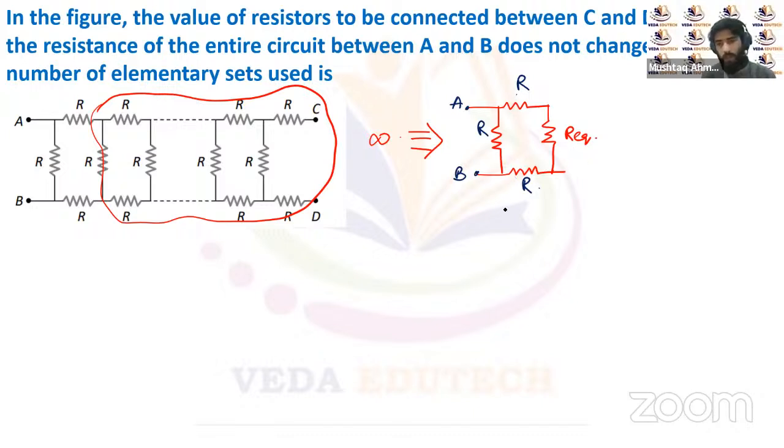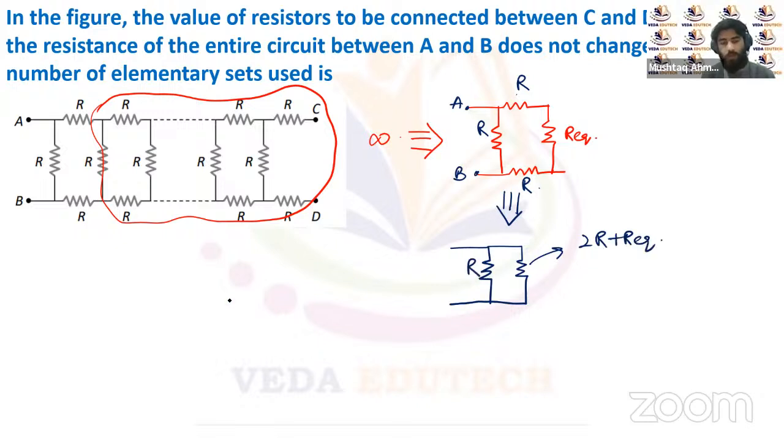We can redraw this circuit like this. This is our R here. The equivalent of this series part will be 2R plus R equivalent, and we have R here.